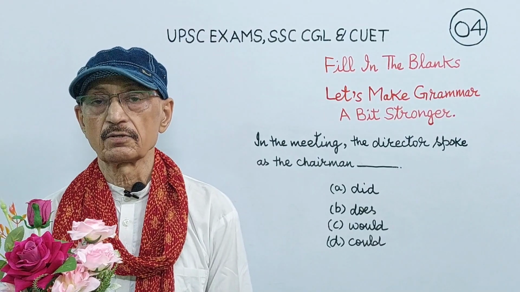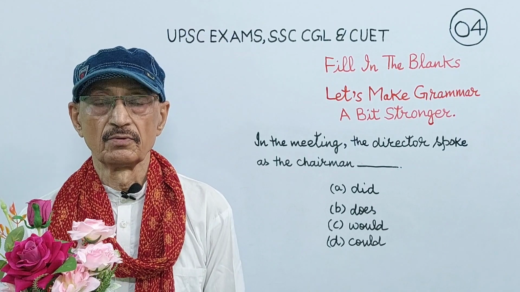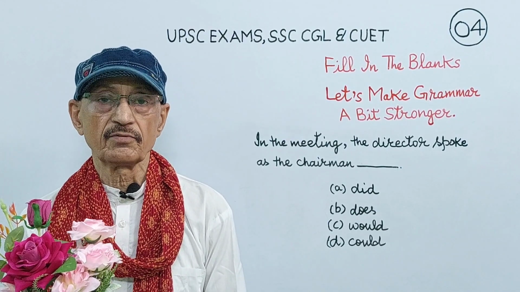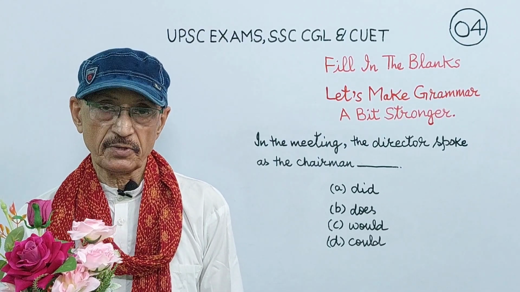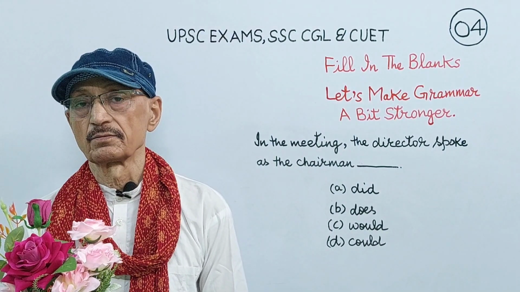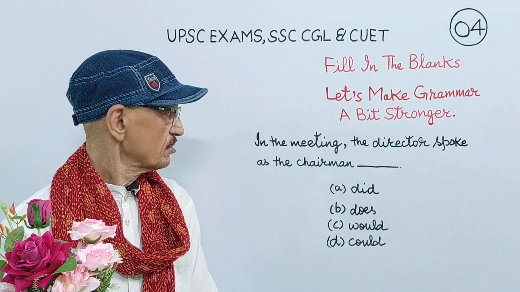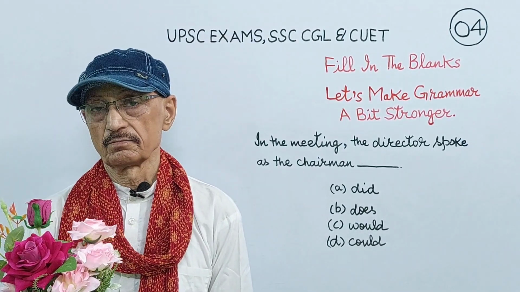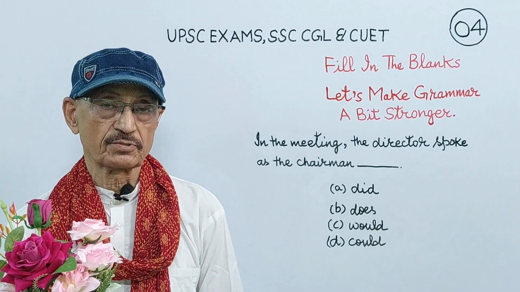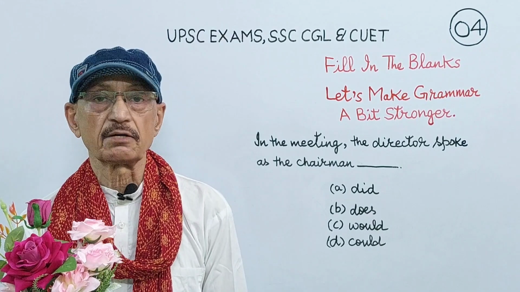Would and could, these are modal verbs or modal auxiliaries. Which word will you take here to fill this blank space? In the meeting, the director spoke as the chairman, blank space. You should take did here.